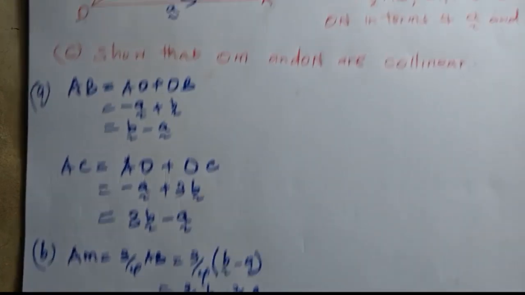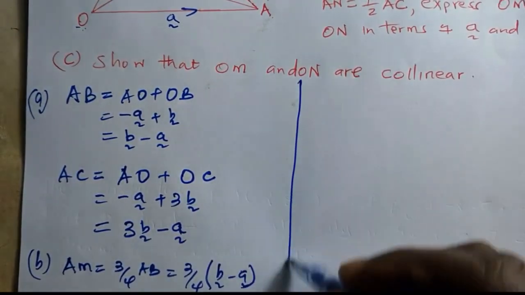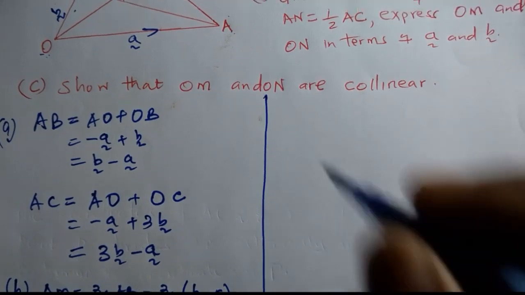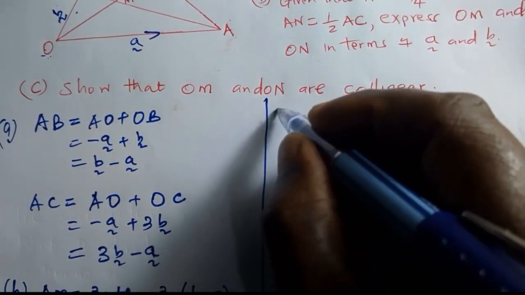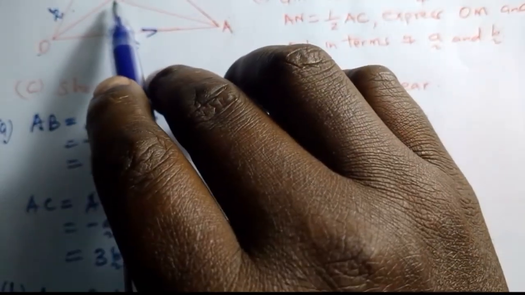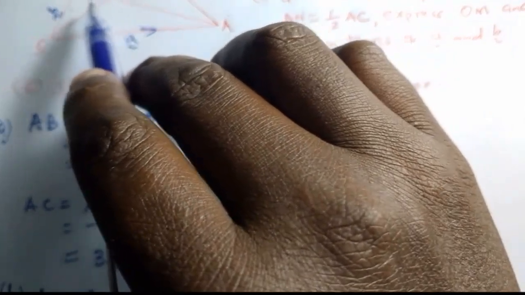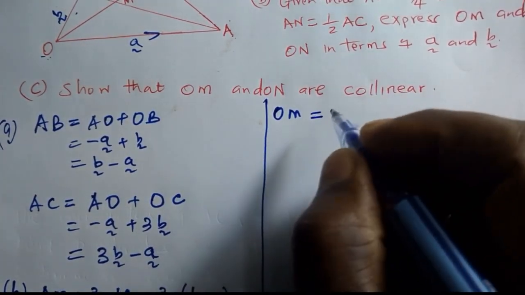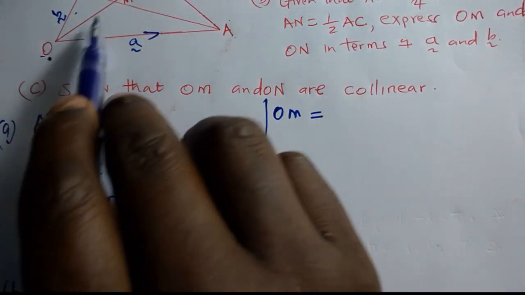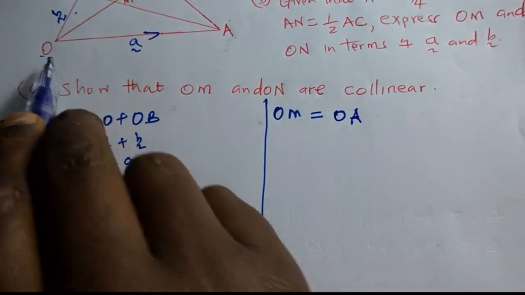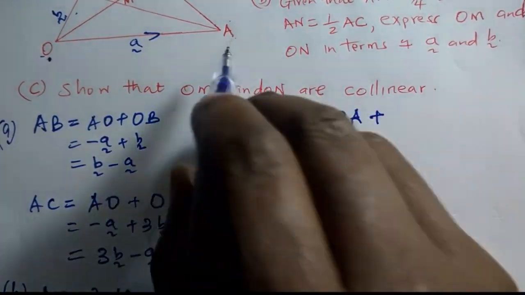So let's go back here. OM is equal to OA plus AM.